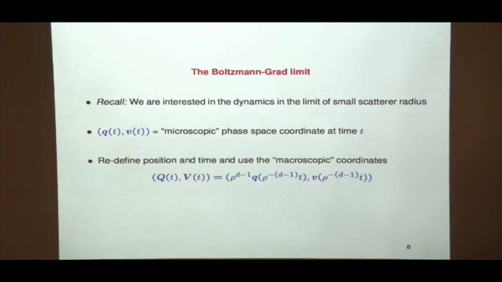So we ask exactly the same question as before. I just remind you, we're rescaling all the units as before by the mean free path length. So we measure everything in units of the mean free path length and the mean collision time.